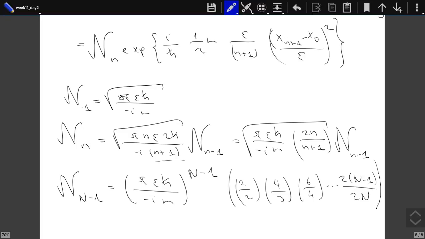You see, after each integral, the numerator increases by 2, the denominator increases by 1.